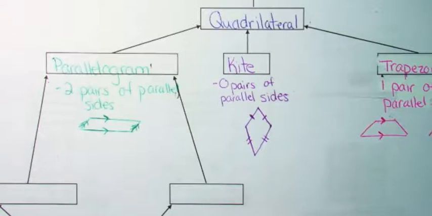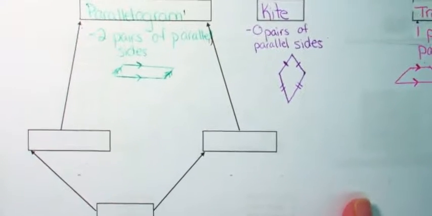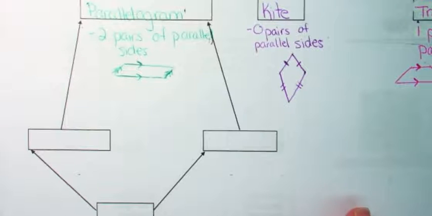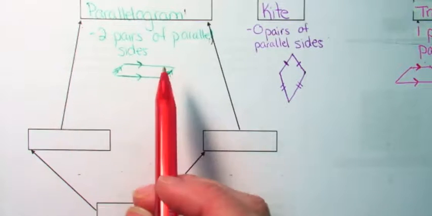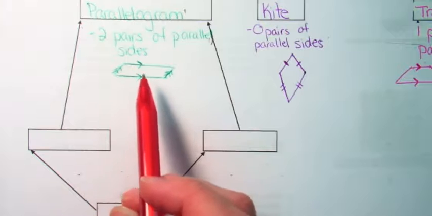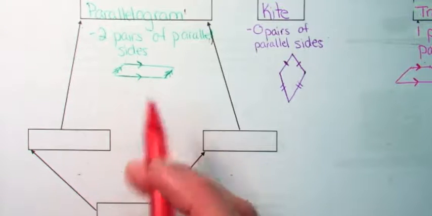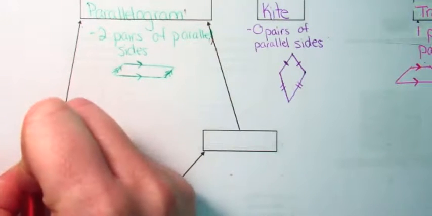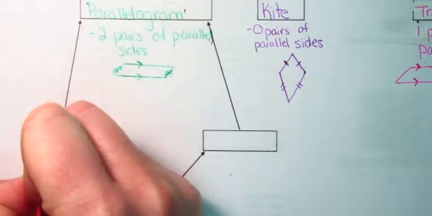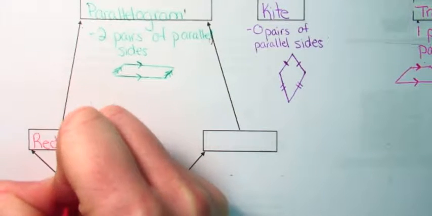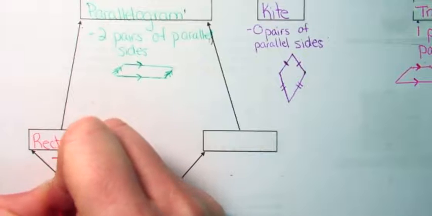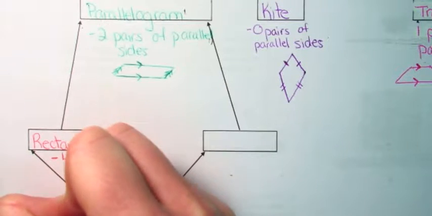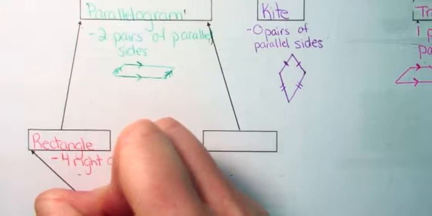Now parallelograms was the one that we said could keep going because you can get a little bit more specific. If you took this parallelogram and you kept it basically the same length sides but straightened it up and gave it 4 right angles, it would be called a rectangle. So a rectangle has 4 right angles.